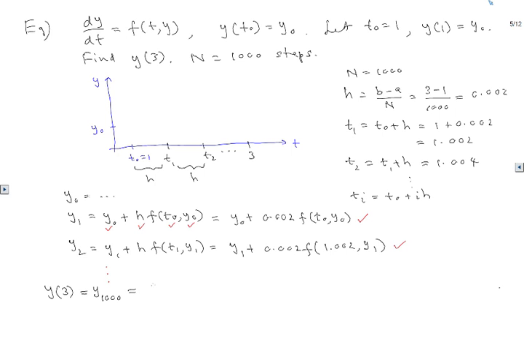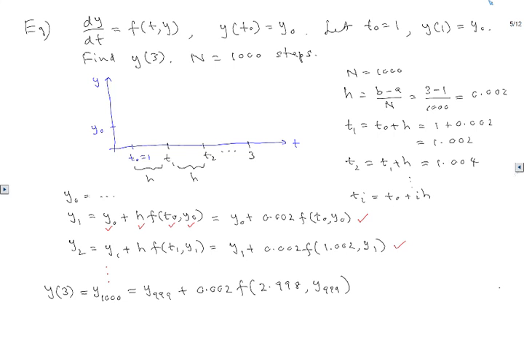But to get y1000, because in the 1000th step you're going to get that, what we need to do is y999 plus h, we know it's still the same, and then here f, it is 2.998, because it's just one step behind, and then y999. So at that value you're going to get the value you are looking for.